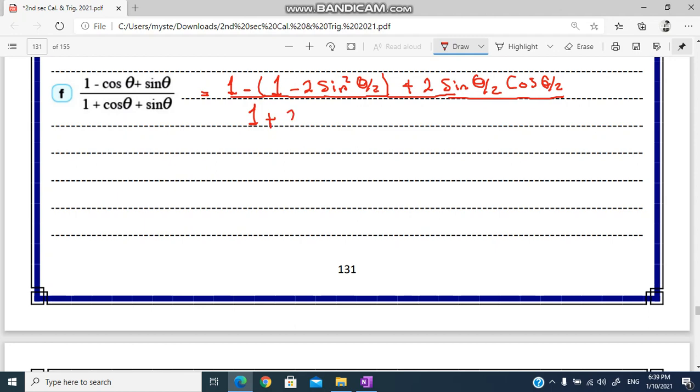I can use 2 cosine power 2 theta over 2 minus 1, plus 2 sine theta over 2 cosine theta over 2.